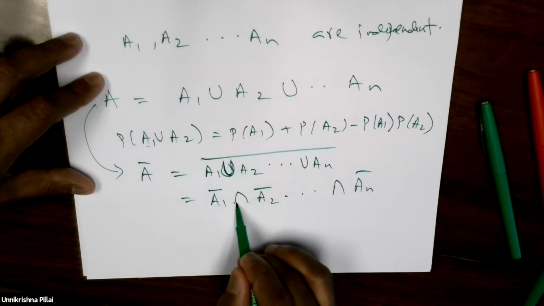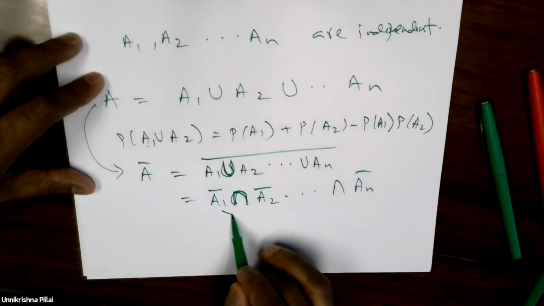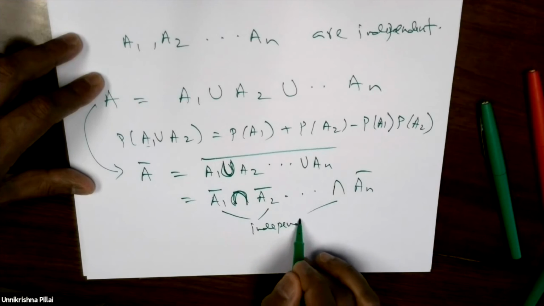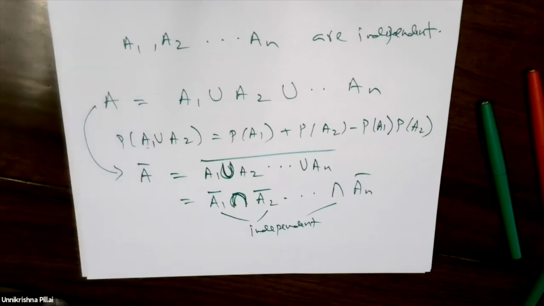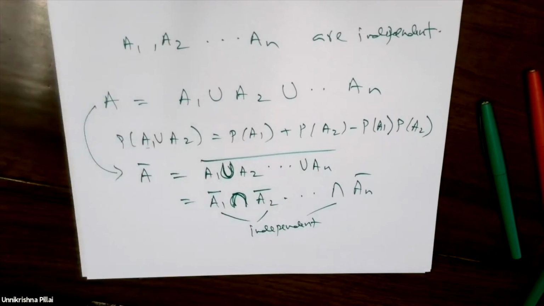Here it is union, here it is intersection. But if A1 through AN are independent, remember you were supposed to show that their complements are also independent, right? I gave it to you as homework: if A and B are independent, show that A bar and B bar are independent. So all these are independent.